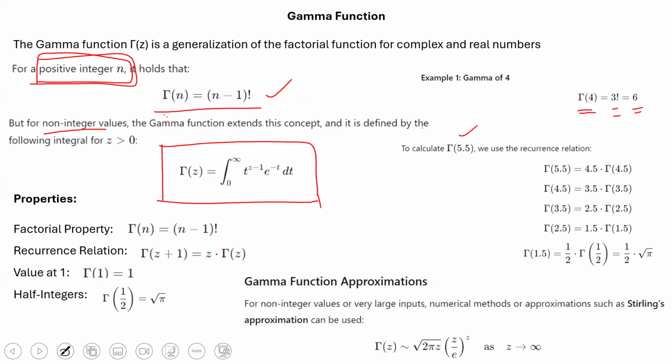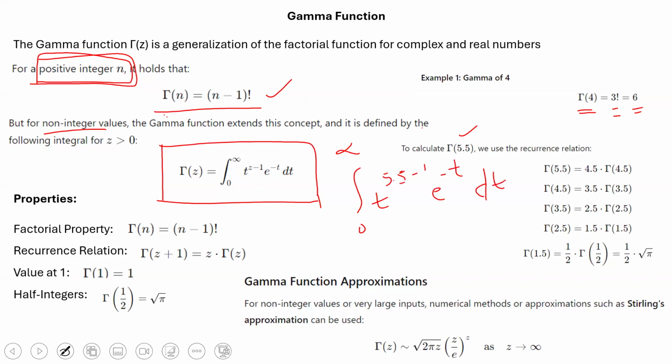To solve this is a little complex, the integration stuff. If z is 5.5, I have to take t to the power of 5.5 minus 1, e to the power of minus t, dt. If z is equal to 5.5, which is a non-integer, I just have to put in this formula t to the power of 5.5 minus 1, e to the power of minus t, dt.